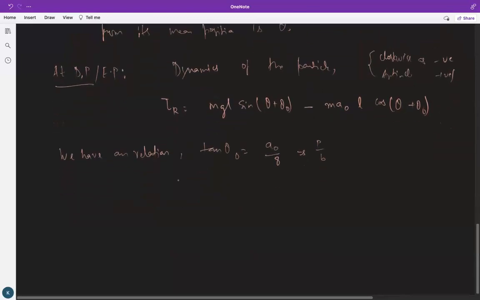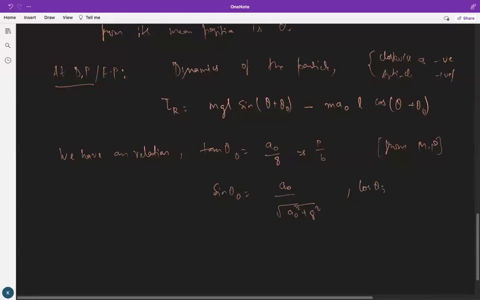Similarly, from the mean position, we have derived one more equation, which is sin theta naught is equal to perpendicular by hypotenuse, right? So this is a naught by the square root of a naught square plus g square.